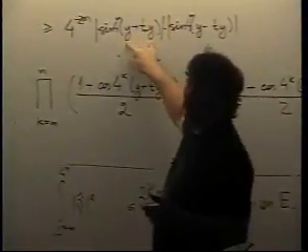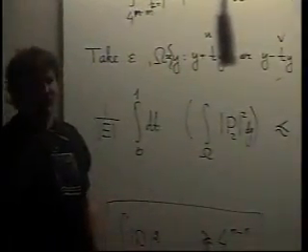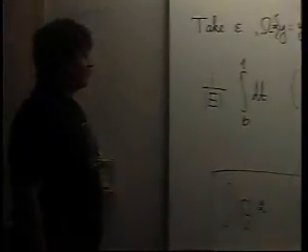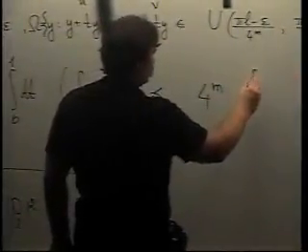Because the determinant is y. But remember that I integrate P2 not from 0 to 1, but only from 4 to the power minus m to 1. So the determinant is at most 4 to the power m. That's the worst case that may happen with the determinant. And then I have my integrals.